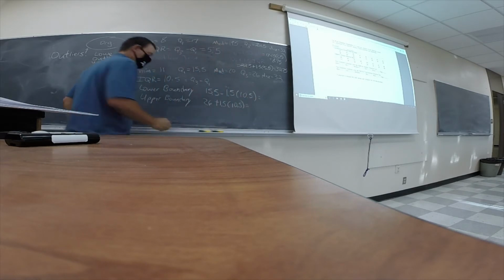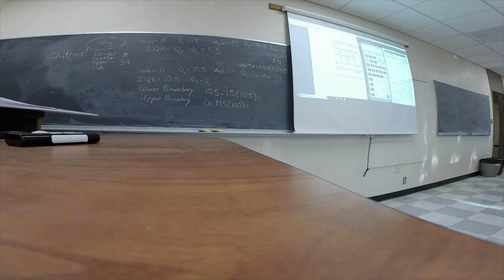So let's figure out what these boundaries are. So 15.5 minus 1.5 times 10.5. So our lower boundary is negative 0.25.